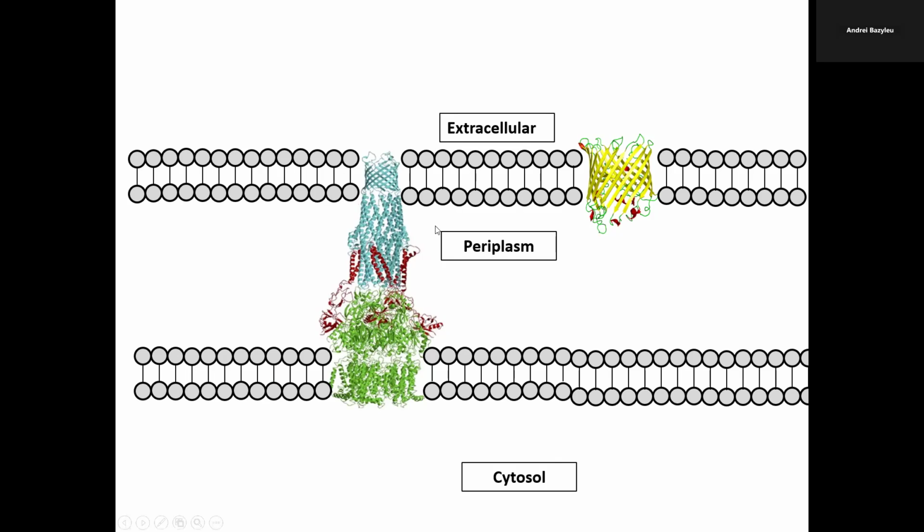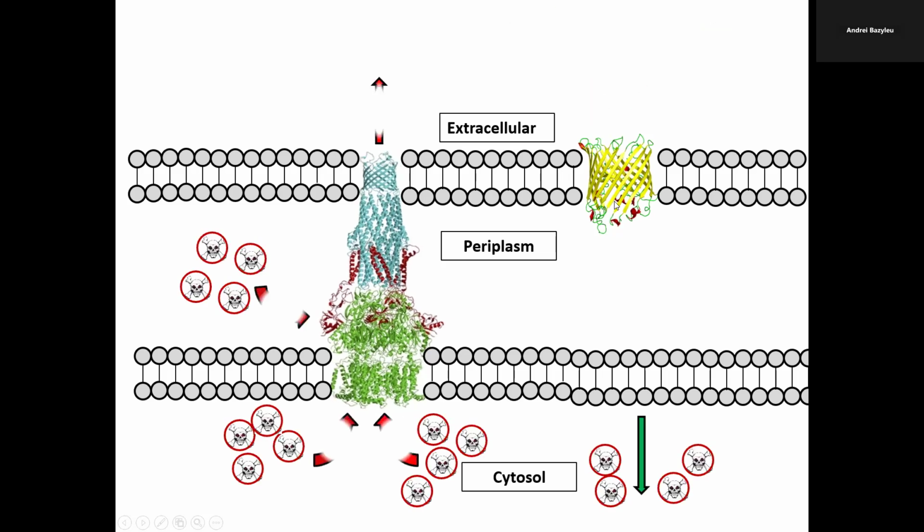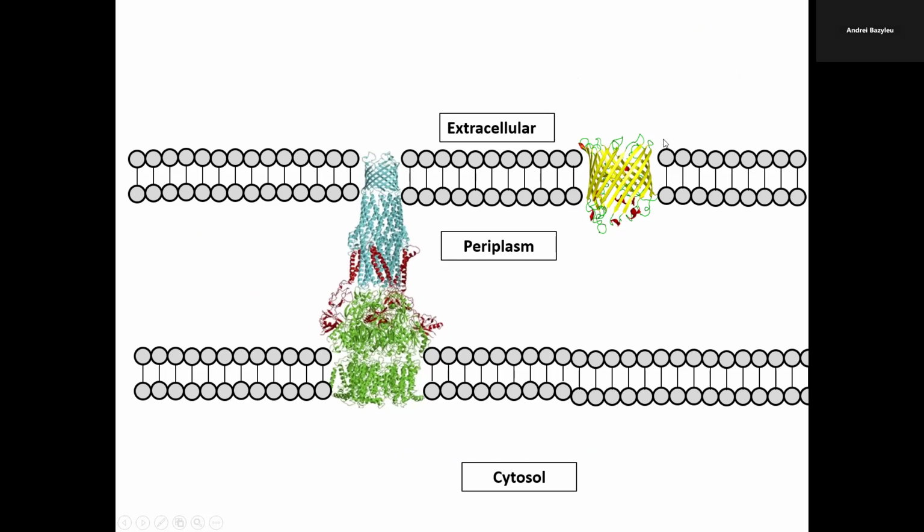And what we have here, these are actual models. They're not just pictures or drawings. These 2 proteins are actual protein models. So this guy here, the yellow one, is the protein called porin, P-O-R-I-N, from the word pore.